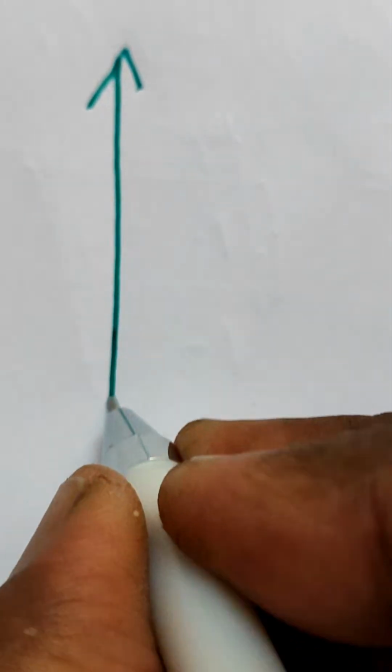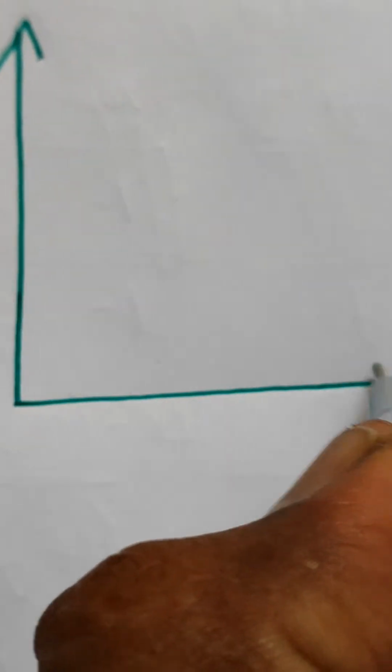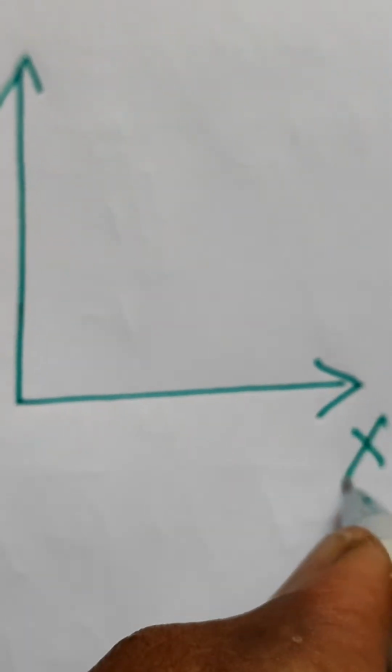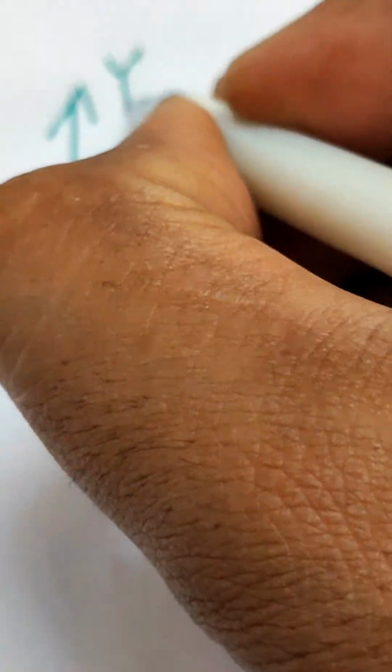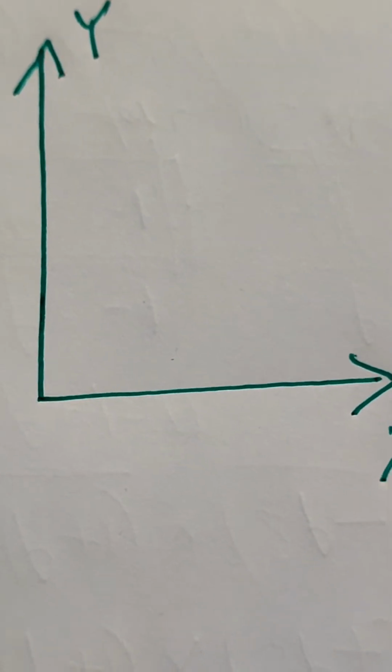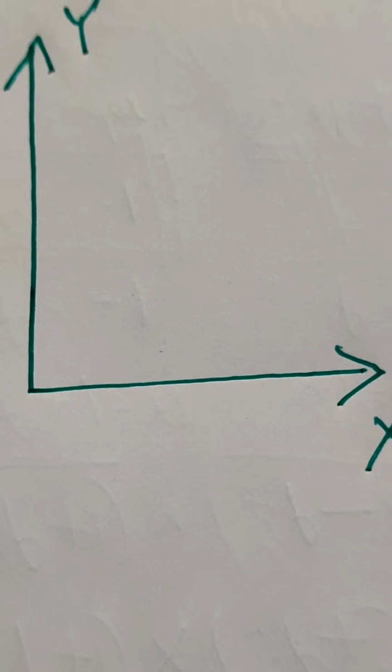Where it's given that an electron is moving into the xy plane. Okay, so let's say this is the xy plane. This is x and this is y, and that electron is moving into that xy plane.